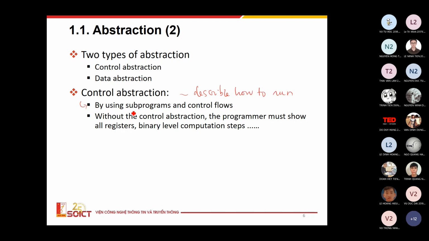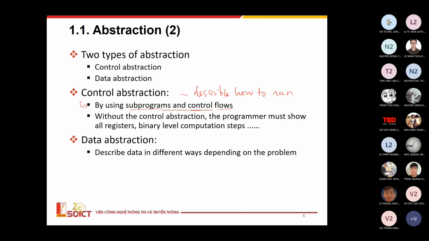So that means you can use a subprogram or control flow to describe the way the program will run. And for data abstraction, you know almost about it. That's how you can describe the data in different ways, which depends on the problem.